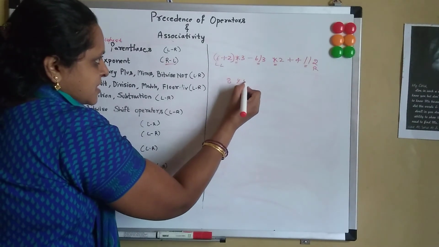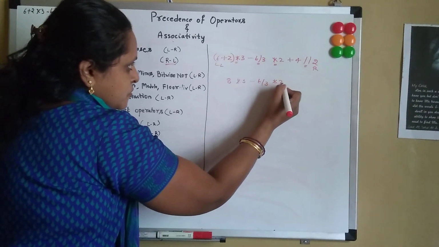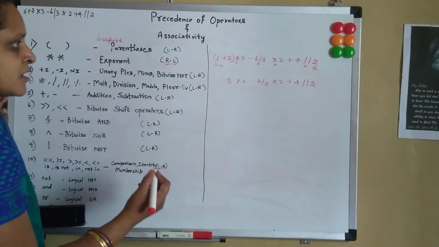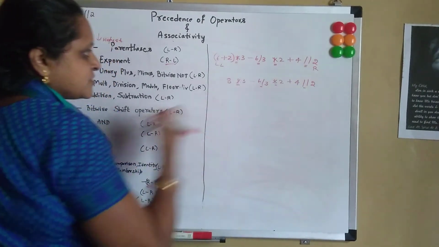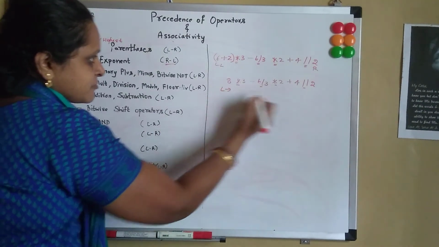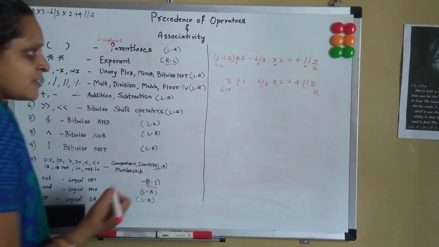8 into 3 minus 6 by 3 into 2 plus 4 floor division 2. Now we have into, divide, into and floor division at the same level, and its associativity is from left to right. So what is the one which is coming to the leftmost?